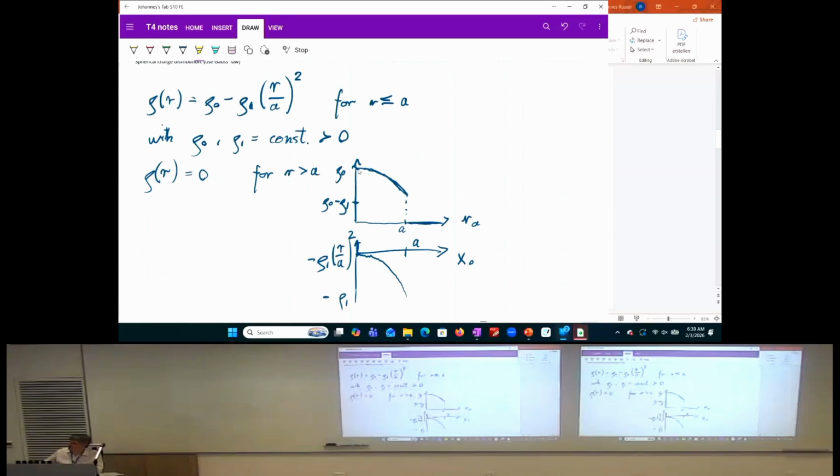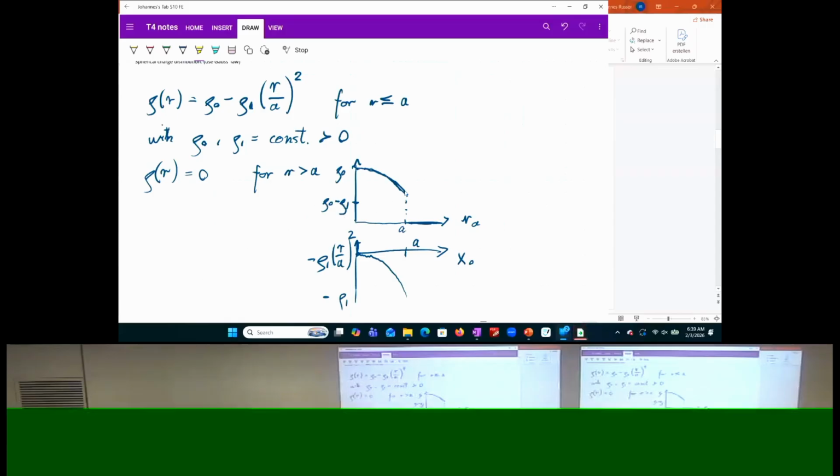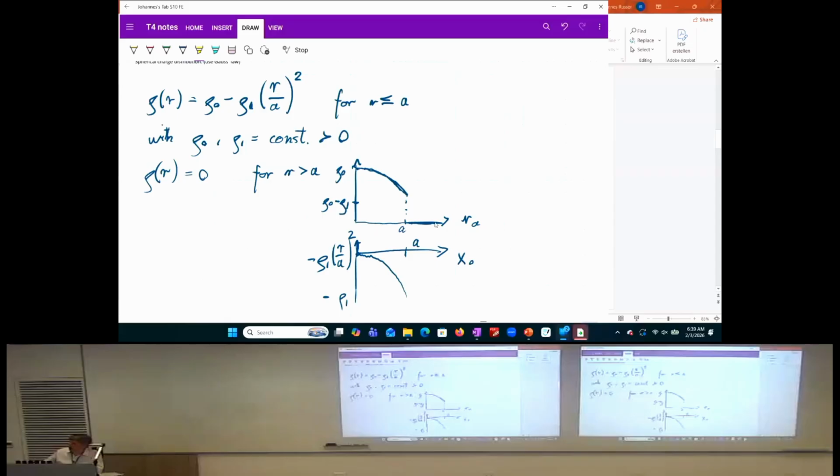Your distribution starts at rho 0 for r equal to 0. As the radius increases, it decays quadratically till the point where it reaches, at the radius a, the value rho 0 minus rho 1. Then there is a jump here, and outside, for any r larger than a, it becomes 0.